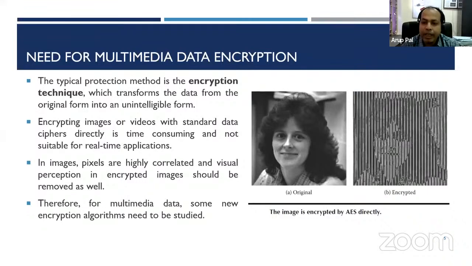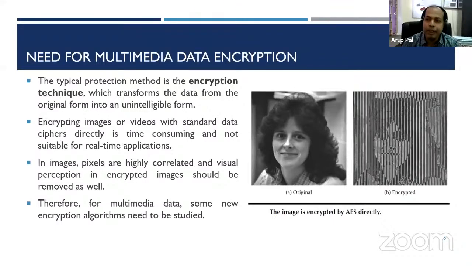Even if you apply AES to this kind of image, the direct outcome will be like this. Naturally, such an outcome is not acceptable. But AES is secure, and statistically it has been observed that it basically preserves the abelian effect.